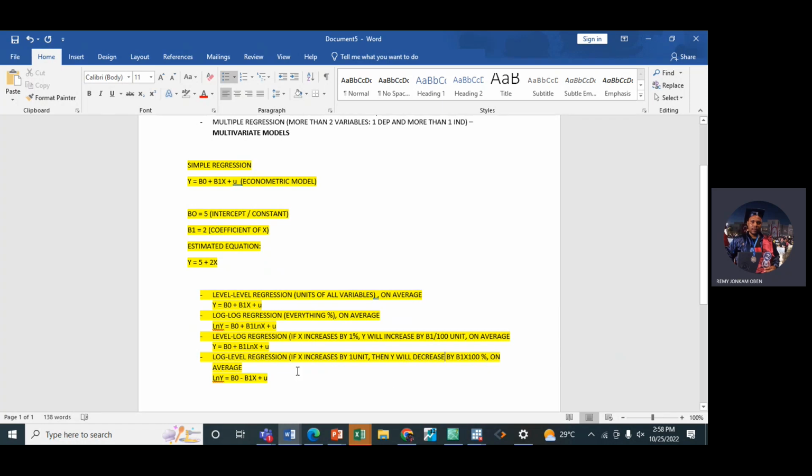So you have to always look at the sign of the coefficient, because not just the coefficient will tell you what will happen to y, but the sign will tell you if that thing that is happening to y will be an increase or a decrease. You have to be careful. So that is fine, right?